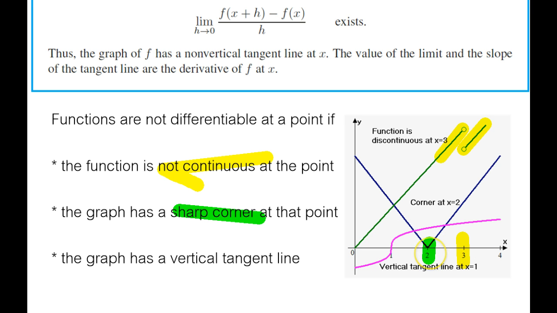So therefore we're going to have two different limits coming from both sides, so therefore the limit would not exist, so therefore the derivative would not exist at that point, as far as the slope of the tangent line.